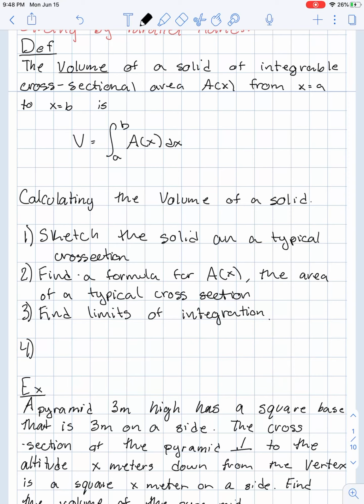I need to find them by setting those two equations equal to each other. Then we're going to put all those three things together, and we're going to integrate A of x to find the volume.